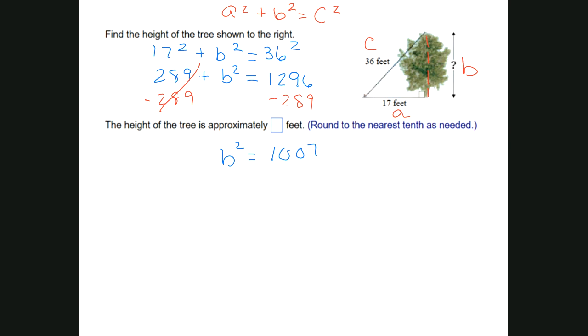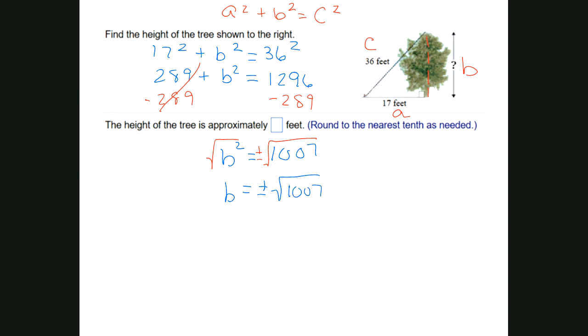And then we have to do our square root property. And the square root of b squared is b, plus or minus the square root of 1,007.